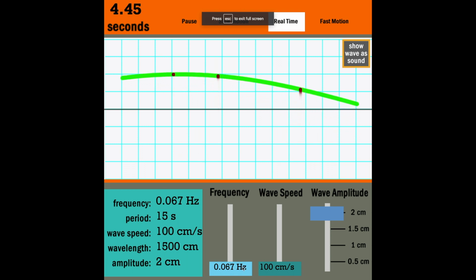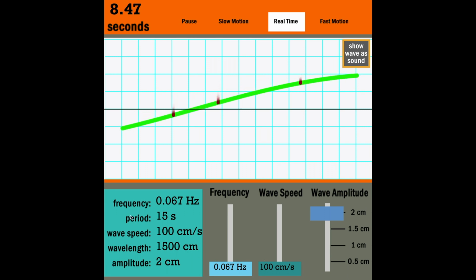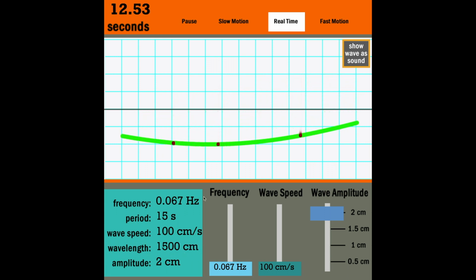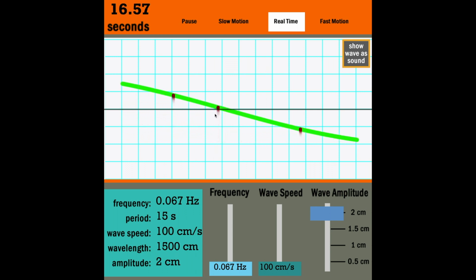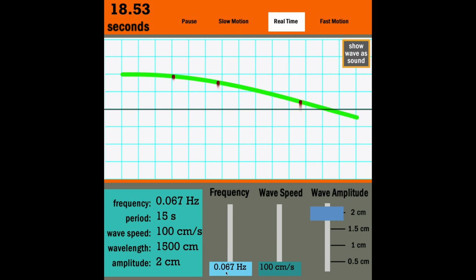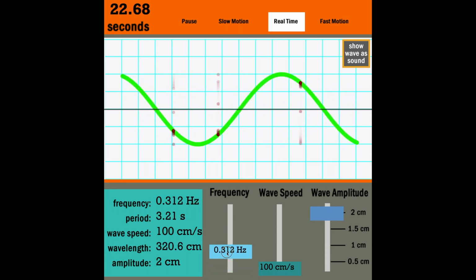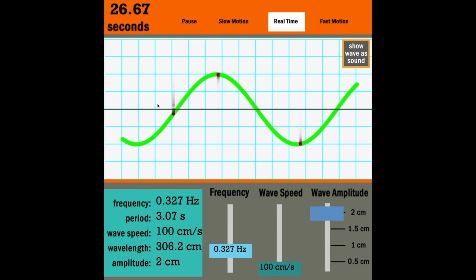So I'm going to play around with these controls, and I want you to take a look at the wavelength here. As I change this, you can see the wavelength change, and take a look at the wave in here and how it travels. So here's a particular electromagnetic radiation.